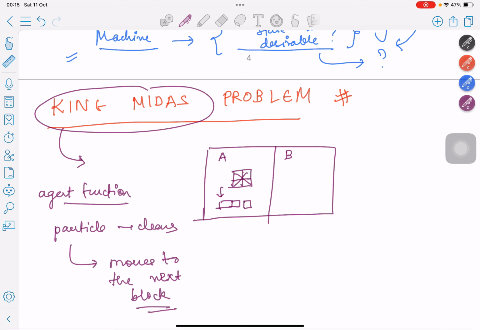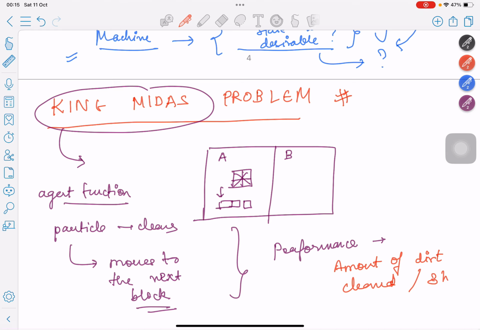But in this example, for the vacuum cleaner agent, we can define a performance measure. What could define a performance measure is the amount of dirt cleaned in a single shift. So let's say I define the performance measure as the amount of dirt cleaned per 8 hours of work done by the AI agent.